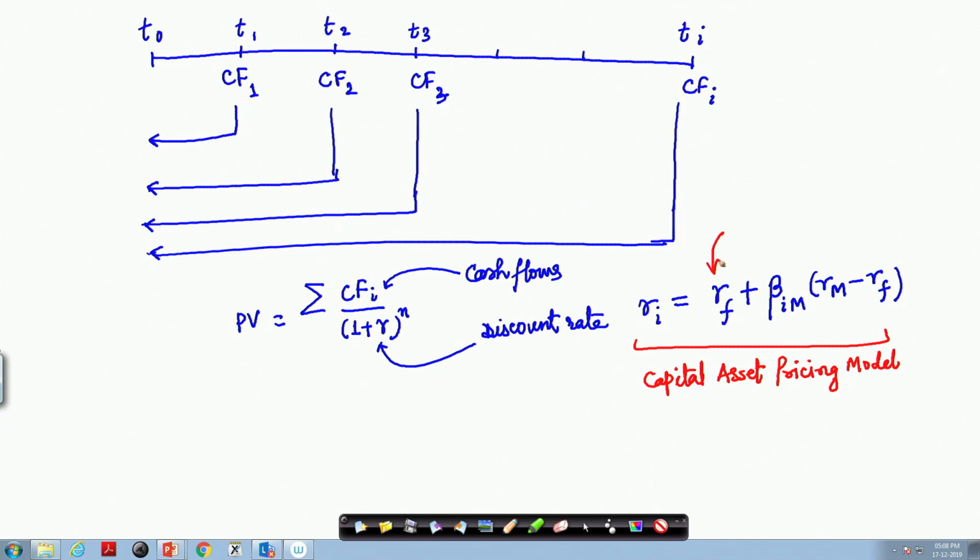Here we know that this RF is basically indicating risk free asset, implying that this is the minimum return that you can get without taking any risk. Beta IM is the risk sensitive measure, risk sensitivity, and this basically indicates the market premium.